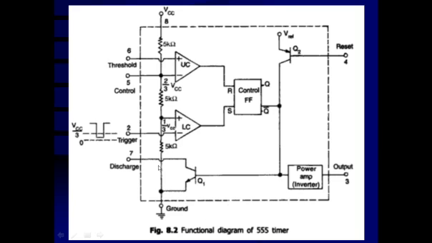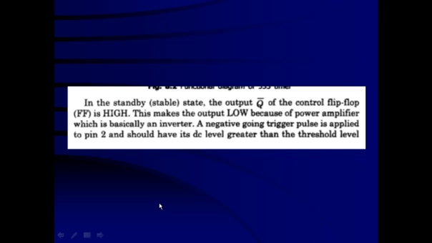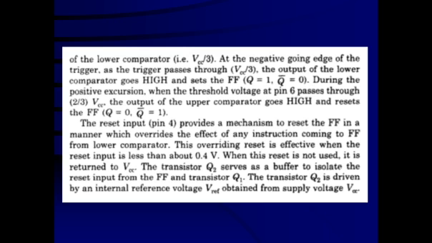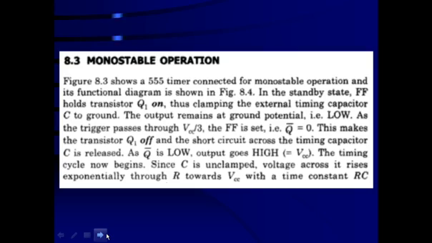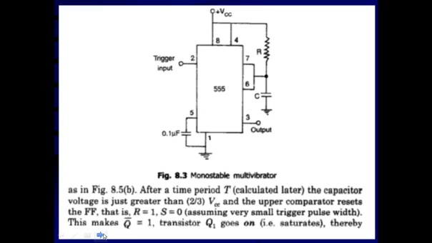So the current through the capacitor goes through pin number 7 to the collector, to the emitter, and to the ground. This way the capacitor is discharging. As in figure 8.5b, after a time period T calculated later, the capacitor voltage is just greater than 2 by 3 VCC, and the upper comparator resets the flip flop.